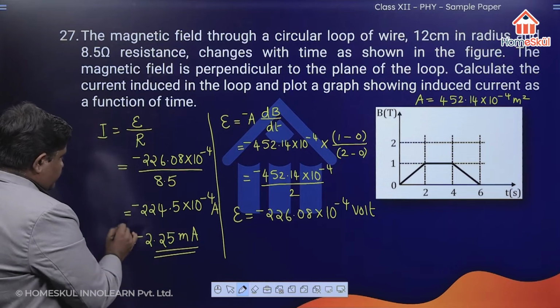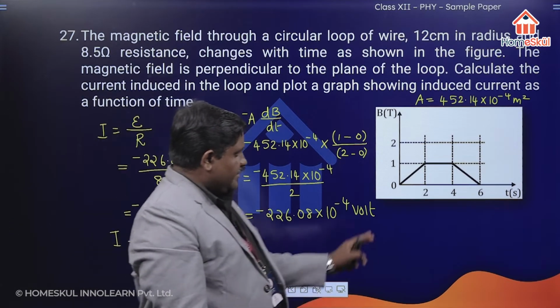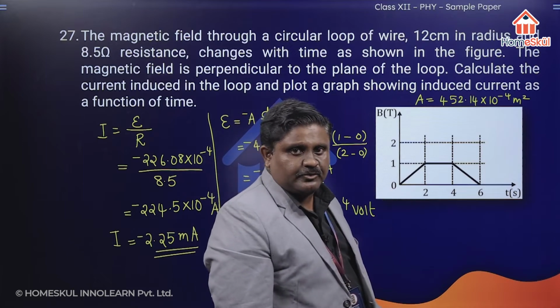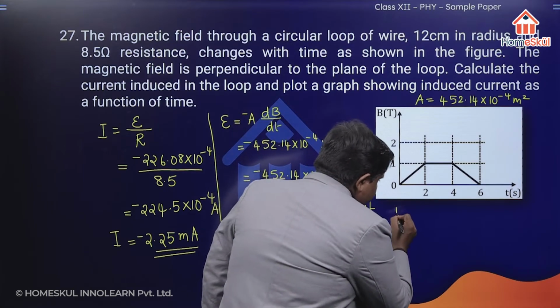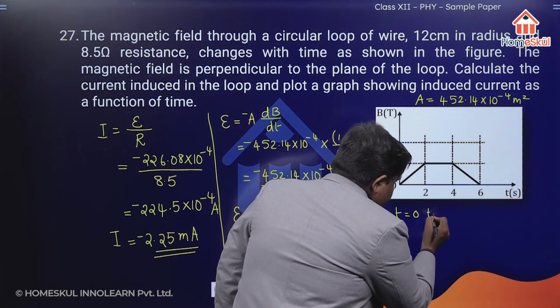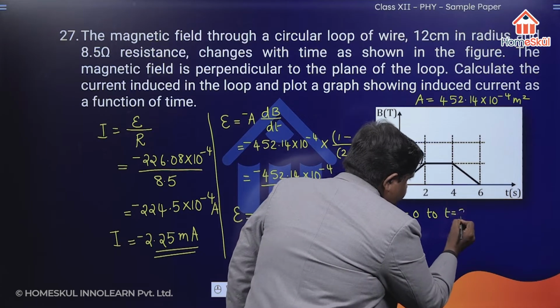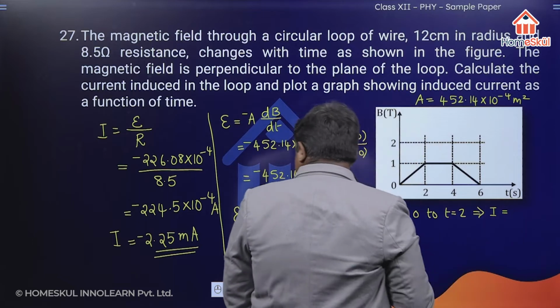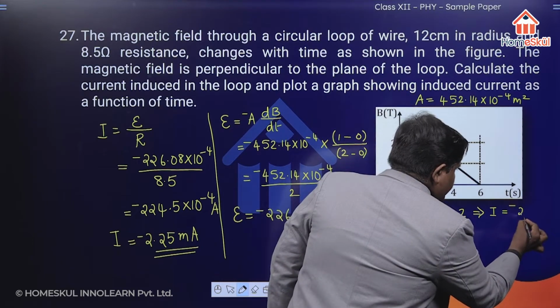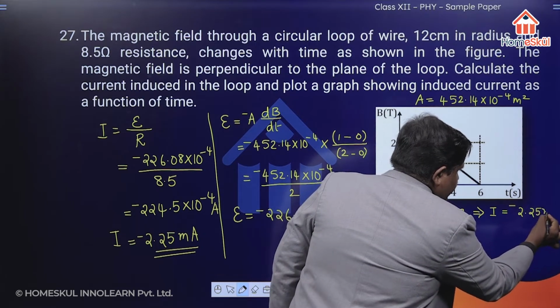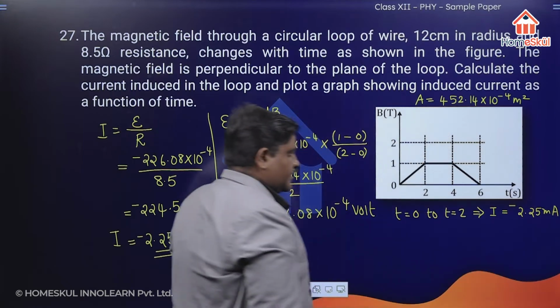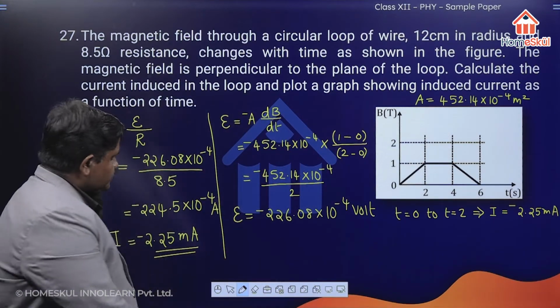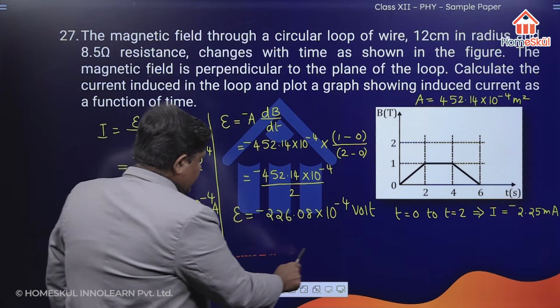So the current for the time interval t equal to 0 to t equal to 2 is I equal to minus 2.25 milliampere.